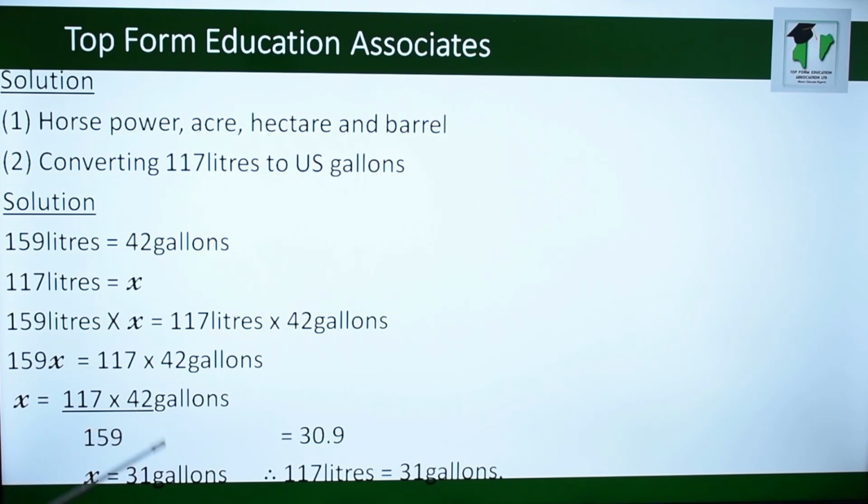The value now is in gallons, which gives you 30.9, approximately 31 gallons. Therefore, 117 liters equal 31 US gallons. Is that what you have in your papers? You can mark for yourself.